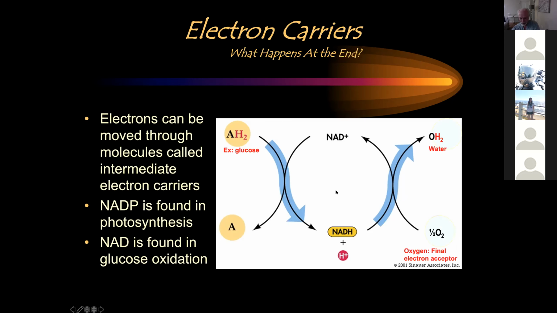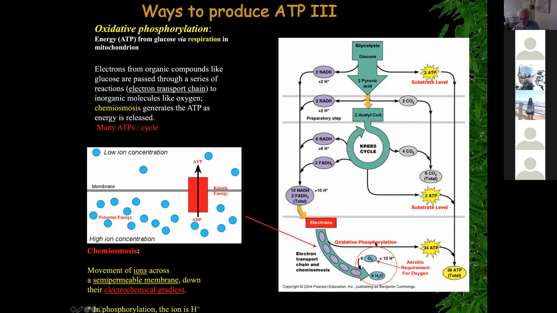And I show you this again to make it more real to you what is the role of oxygen in all of this? Oxygen is the final electron acceptor. You see it here at the very end of the electron transport chain, 6 molecules of oxygen plus 12 protons yield 6 molecules of water.